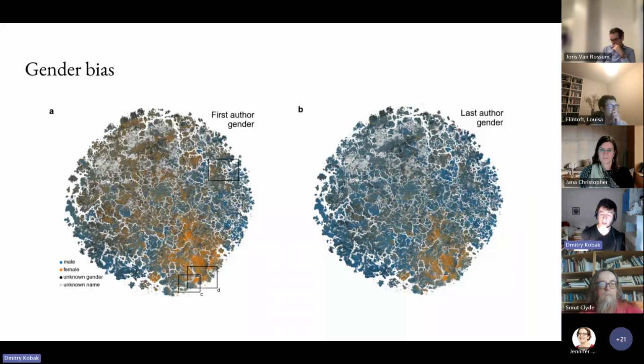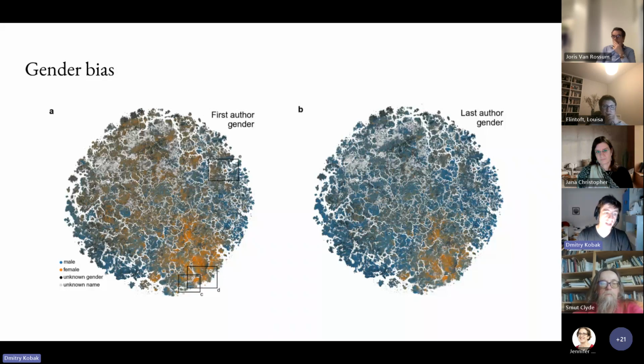Then we can use existing lists of male and female names to guess the gender of the first author, which in many cases is impossible, because maybe the name is not in these lists, maybe it's a rare name, maybe the lists are made based on data from the United States, so a lot of Eastern names are not in there. So there are a lot of caveats in this analysis.